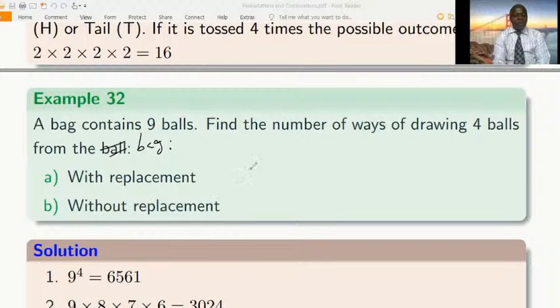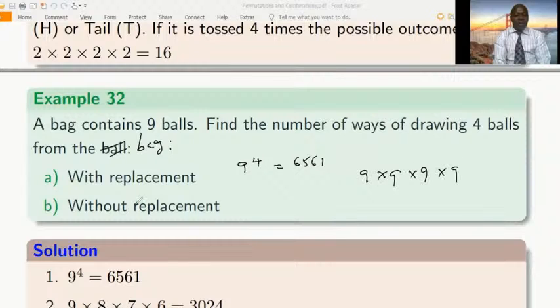If you're doing it with replacement, it would be 9 raised to 4, which is 6561. That means the first time you went to draw, there were 9, so you had 9 ways. You went back to draw the second, another one, and there were still 9. You went to draw another one, and so on.